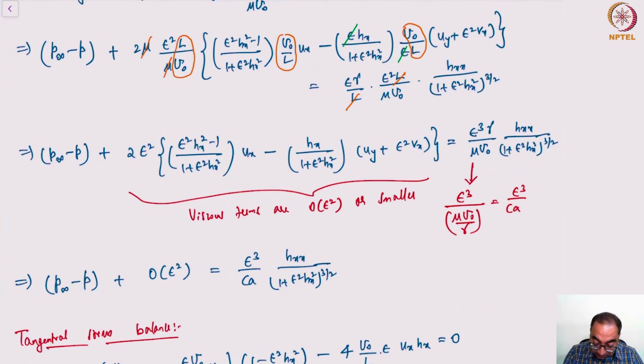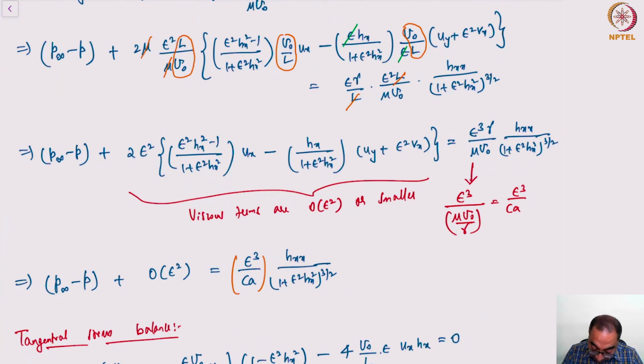The exception is this term, epsilon cube by Re. At this point, we will not comment on what is the exact size of it. We'll retain that term because we do not know the value of capillary number in a given problem. In the tangential stress balance, again we have the same thing here.